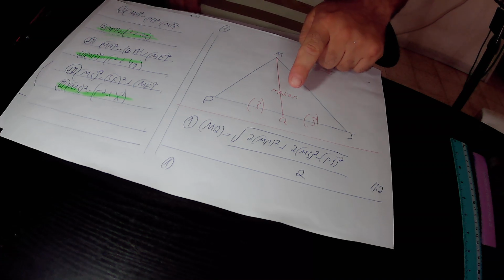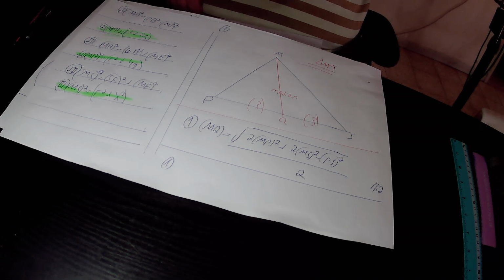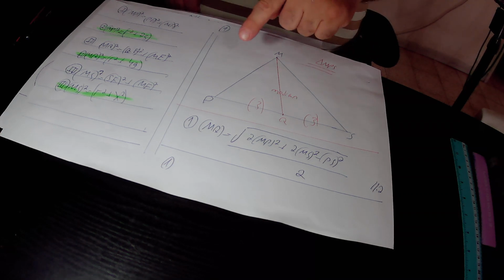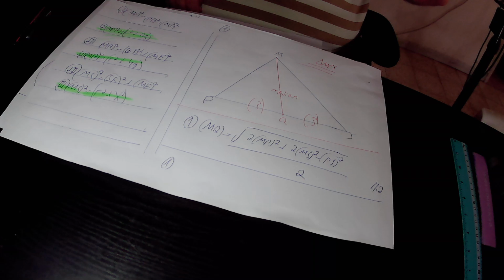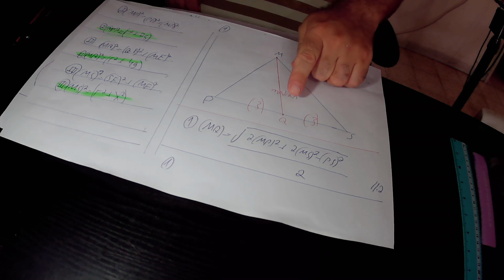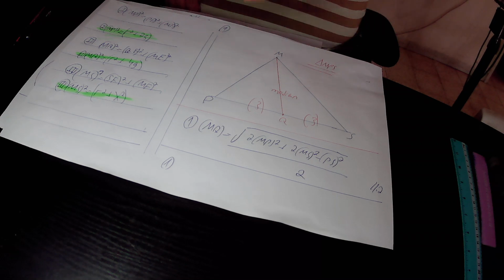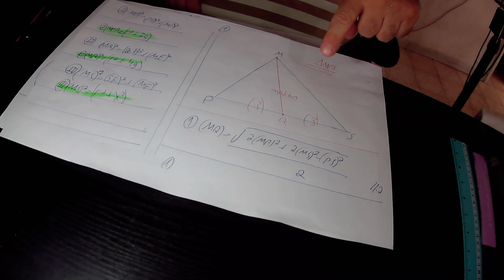Why is point Q the midpoint of side PS? Because at point Q, side PS has been bisected into 2 halves. PS in total equals 6, and 6 over 2 is 3. So at point Q, side PS has been bisected into 2 halves. The first half is PQ that is 3, and the second half is QS that is also 3.